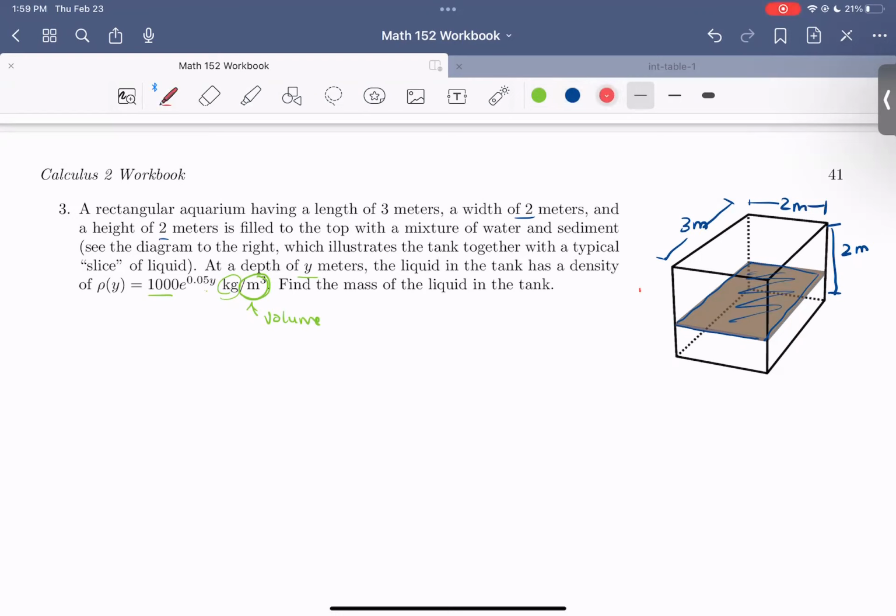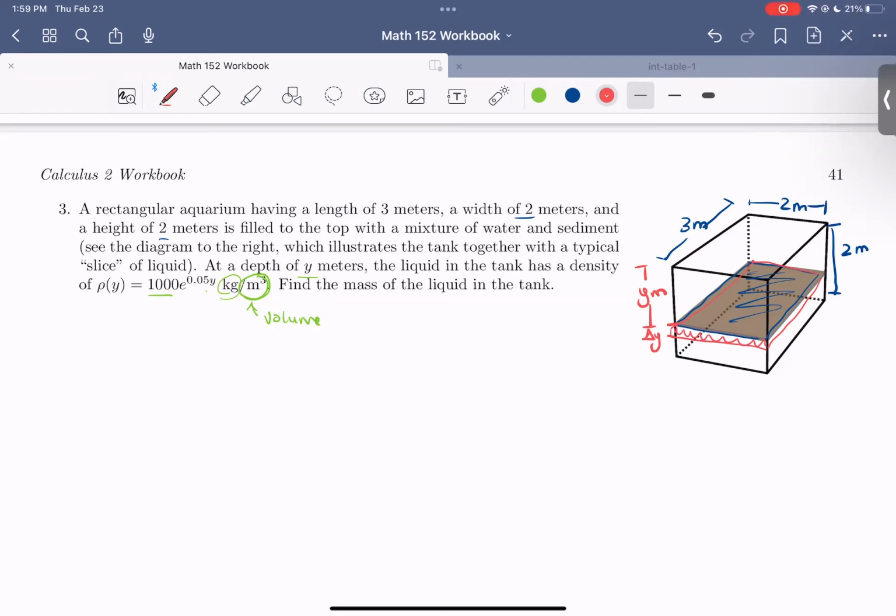Okay, so at y meters down, we can take a slice here. The slice is going to have a little thickness. We can call it delta y, or change in y. And then what will the volume of that slice be? Well, its thickness will be delta y.